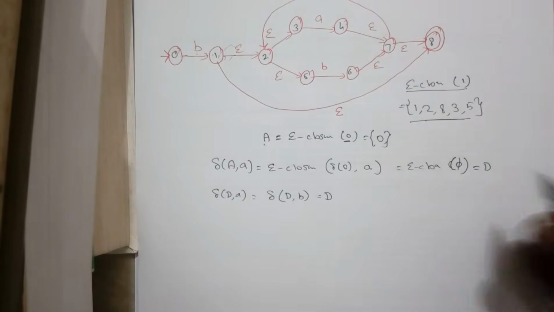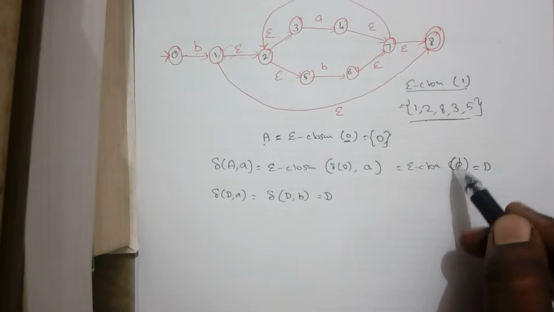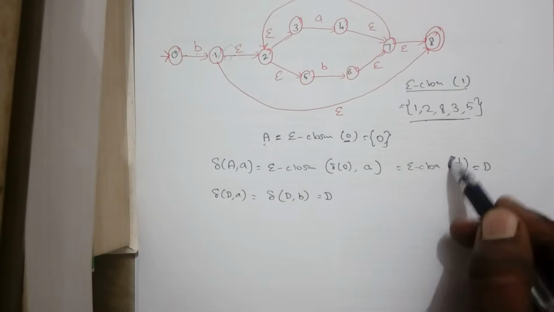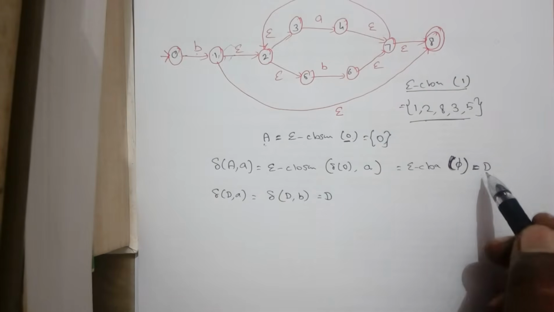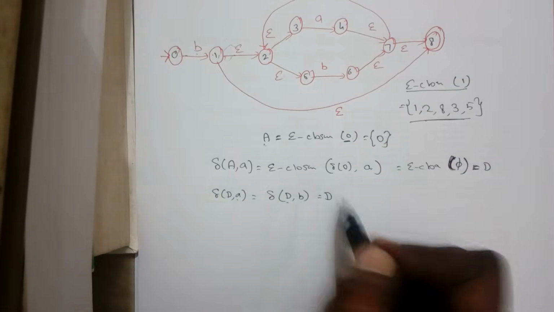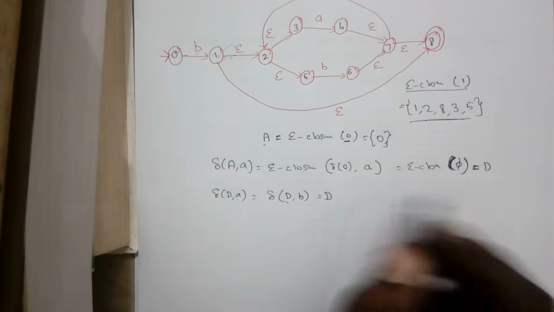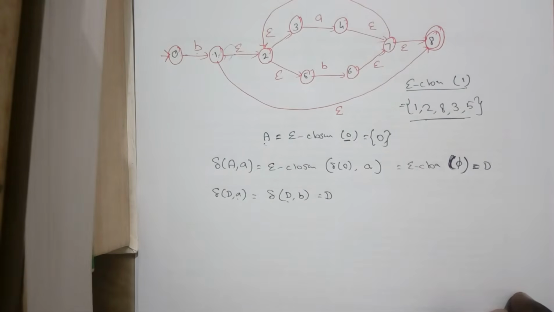So when there is no path at all, we have to trace that to a dummy state. And from the dummy state, on both inputs, it has to go back to itself. The reason is, even the dummy is a state. In case of a DFA, from each and every state on each and every input symbol, we should have a transition.